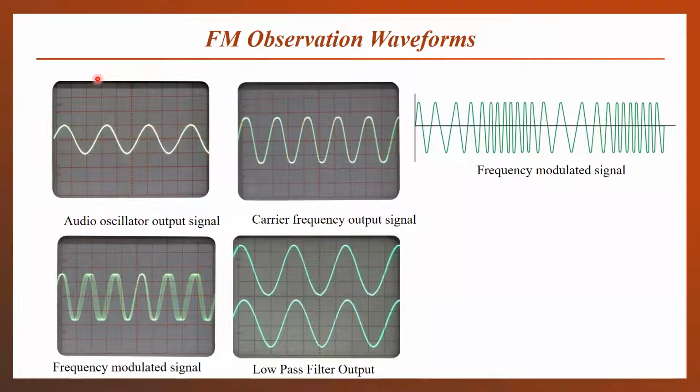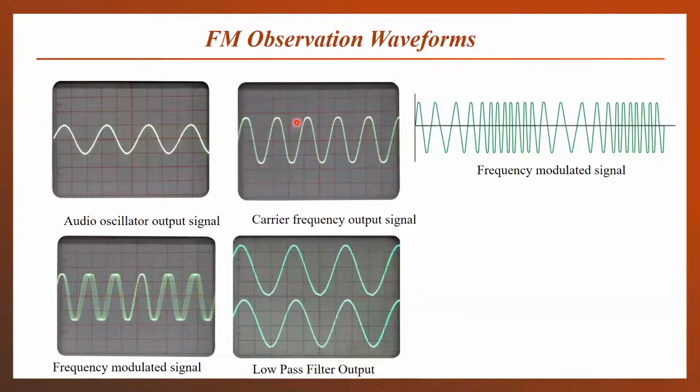The amplitude can also be tuned here, and the frequency can also be tuned. So for a particular amplitude and particular frequency, this signal is plotted in the CRO as shown here. This is our message signal, which will vary the frequency of the carrier signal to transmit it.